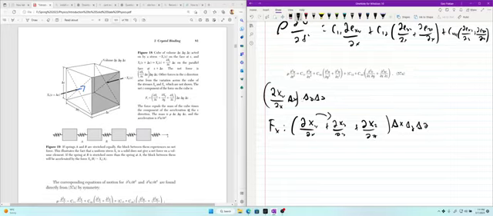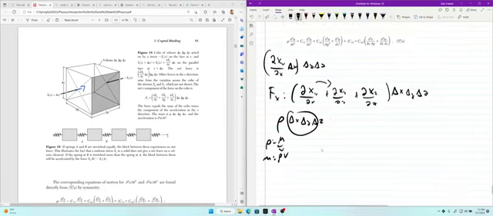The force equals the mass of the cube times the component of the acceleration in the x direction. The mass is rho del x, del y, del z, because rho is m over v, so m equals rho v, and this is the volume. And the acceleration is del squared u over dt squared.